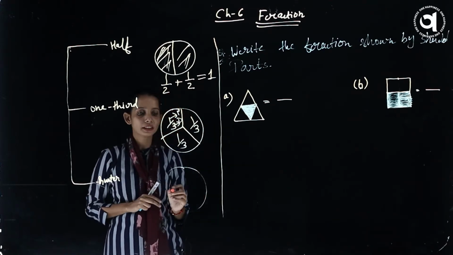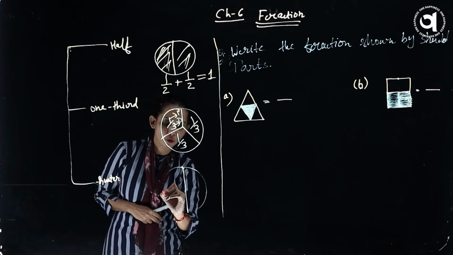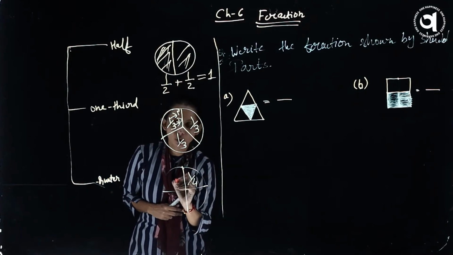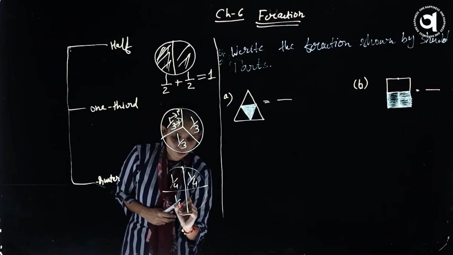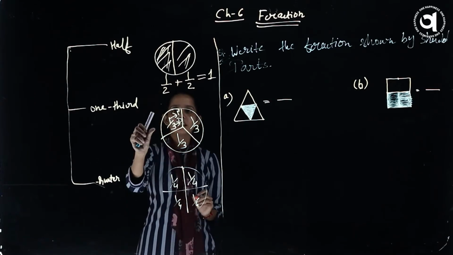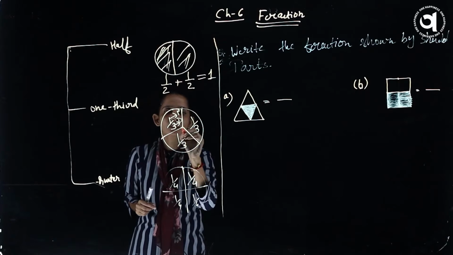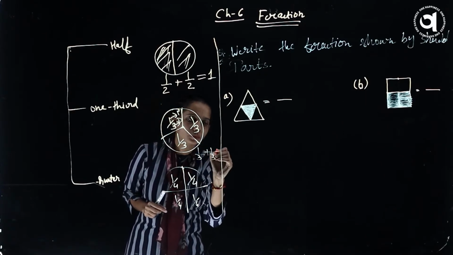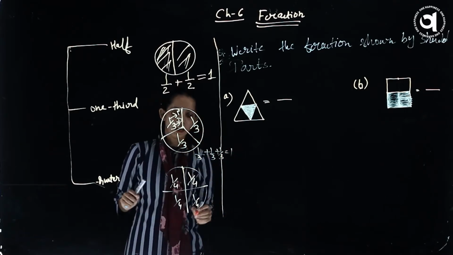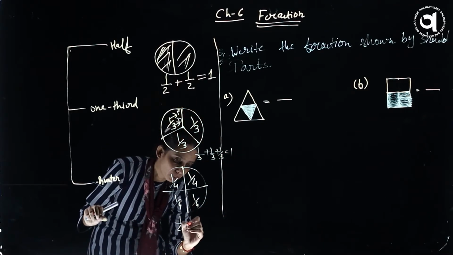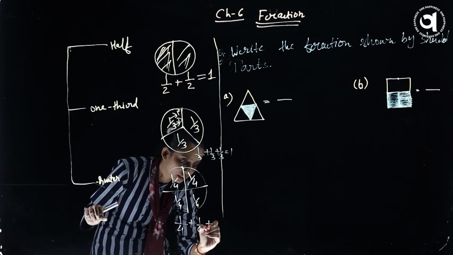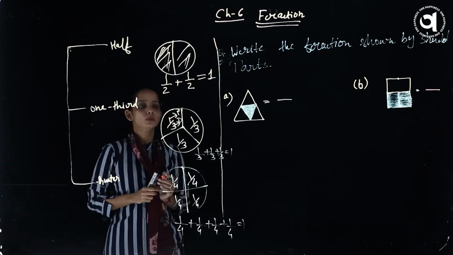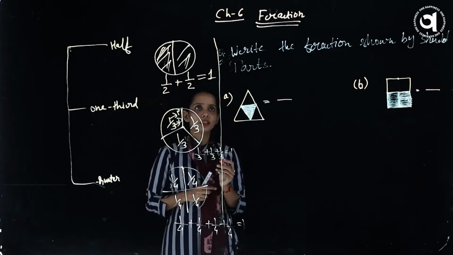Suppose this is one circle and I divide it into 4 equal parts, then each part of the circle is known as 1/4 or quarter. Same here, the addition of all these third parts is equal to 1. And here the addition of all the fourth parts, 1/4 plus 1/4 and so on, is equal to 1.